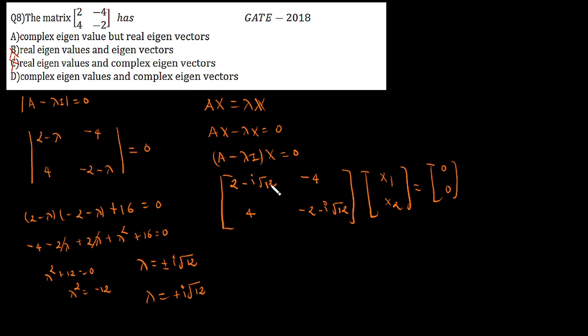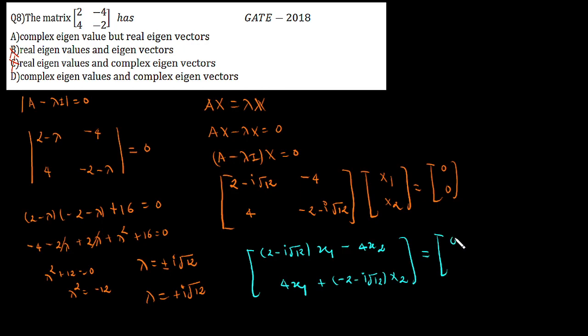So now let's multiply these two matrices on the left hand side. Here what we are getting is simply 2 minus i times under root of 12 times x1 minus 4x2. Now in the second row I am getting 4 times x1 minus 2 minus i under root of 12 times x2, and the right hand side will remain as it is, 0 and 0.